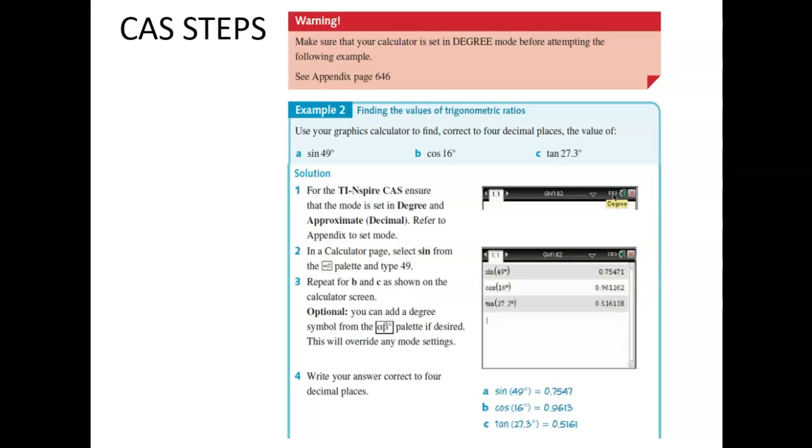After this video I'm going to show you how to put your calculator in degree mode, just in case it's in radian mode. If you do Methods as well, or you might also do Specialist, you need to remember you're always in degree mode in Methods, and I'm not too sure if you do trig in Specialist, but you'll need to be in radian mode. So keep that in mind.